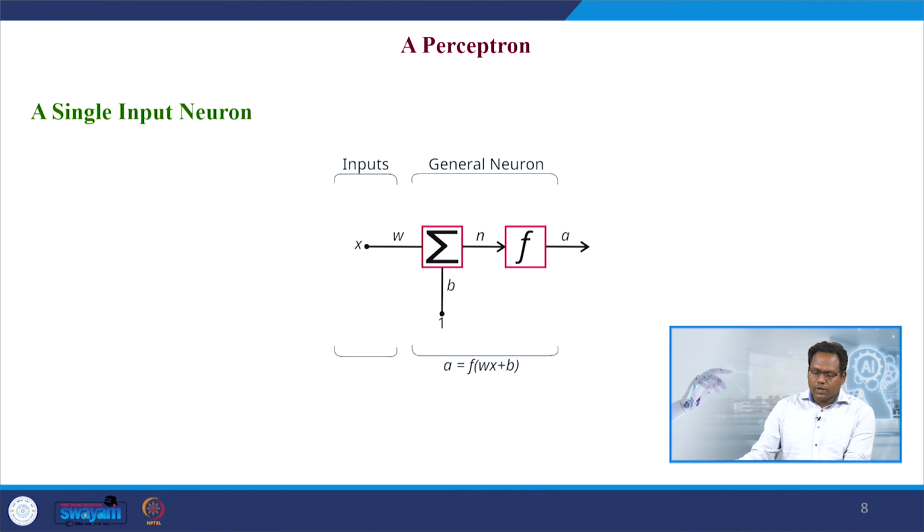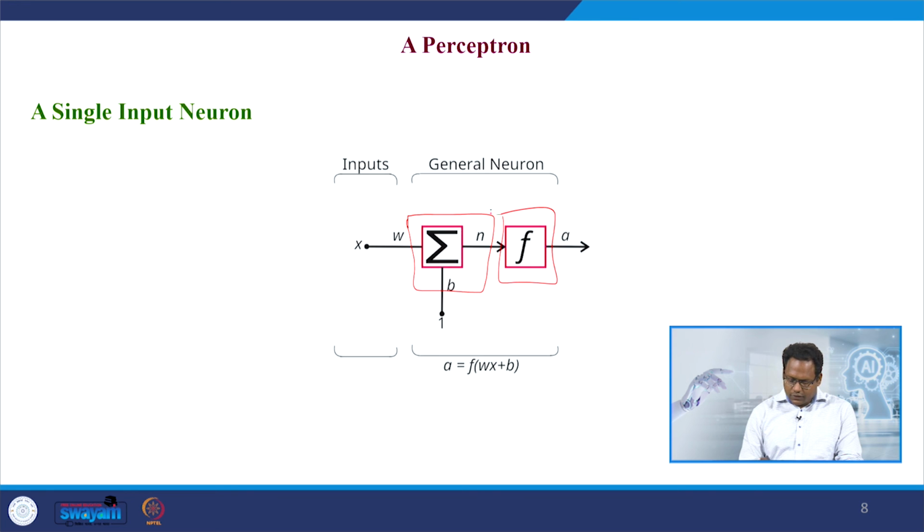Let us talk about the fundamental unit of an artificial neural network, which is a neuron. A single neuron is called a perceptron. It has a structure like this. It has a summer. The output of the summer goes to a function called the transfer function, and then we get an output. The summer receives two inputs. One is the given scalar input x multiplied by the scalar weight W, and the other term is the input 1 multiplied by the bias, that is why 1 into b.